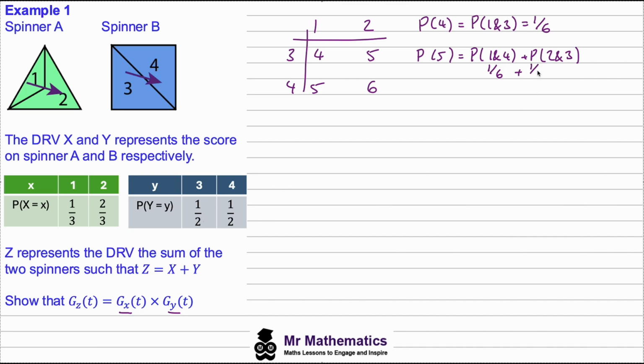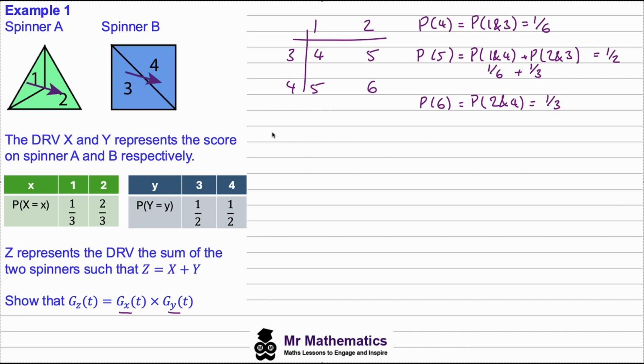So this will be a third. And adding these together, we get 1/2. And then the probability of getting a 6 would be a 2 followed by a 4. So this will be 2/3 multiplied by a half. So this would be 1/3.